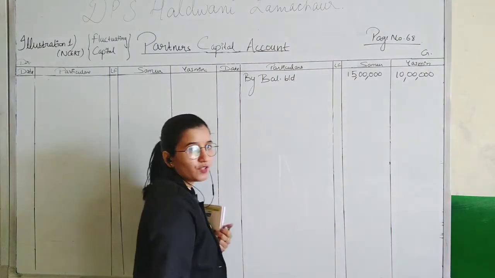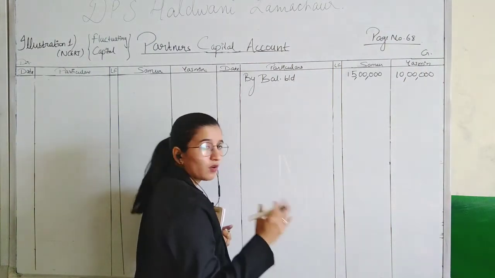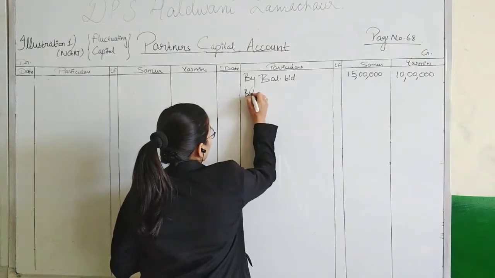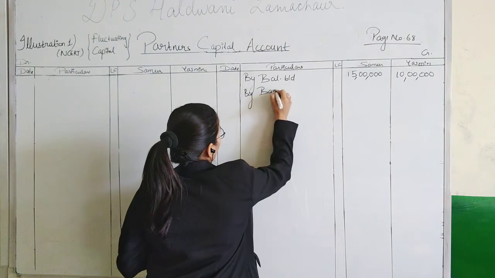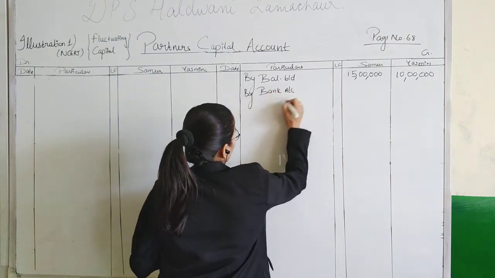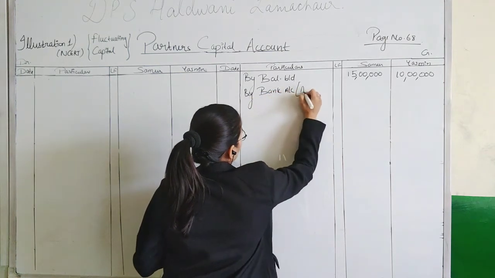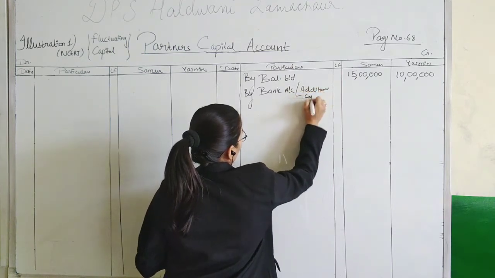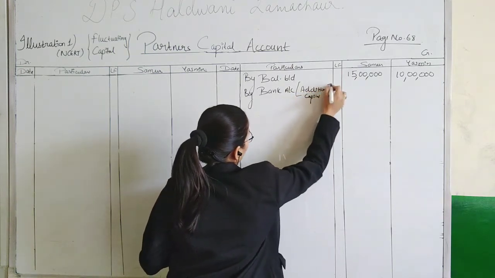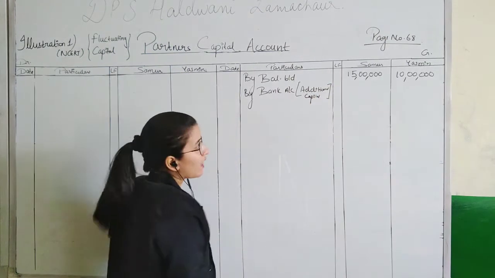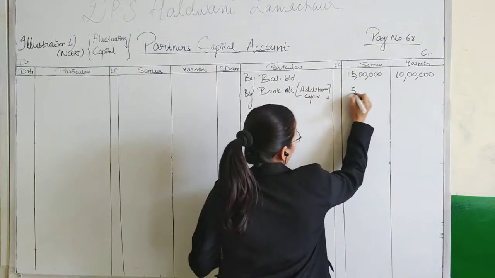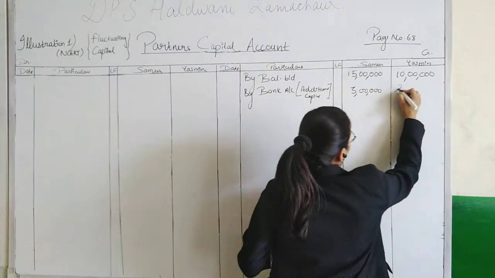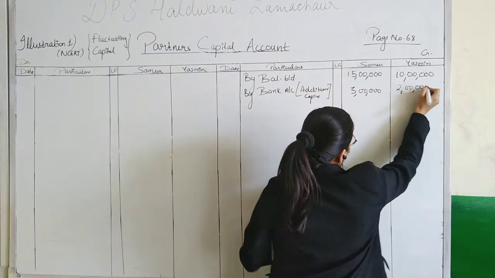Then on 1st July, Sameer and Yasmin also brought some additional capital with them. So we will write it as by bank account, which includes additional capital. So the amount of additional capital brought in by Sameer is 3 lakh and by Yasmin is 2 lakh rupees.